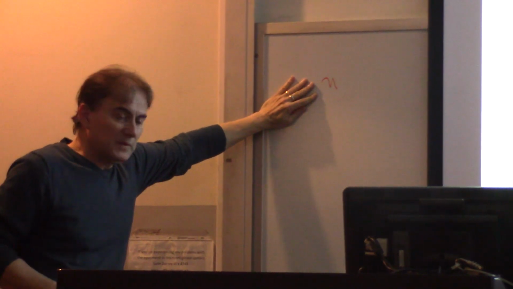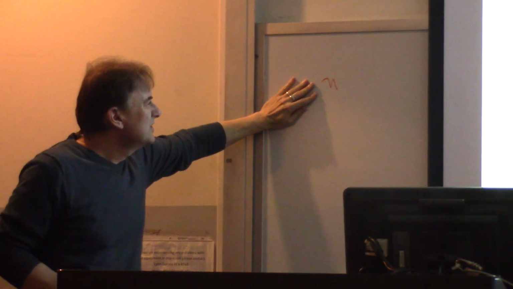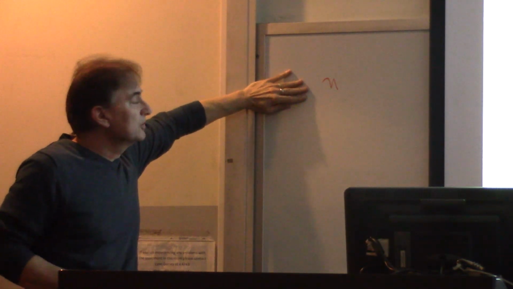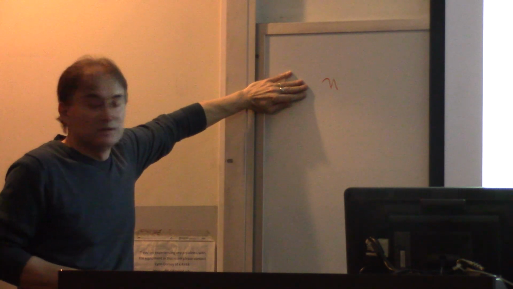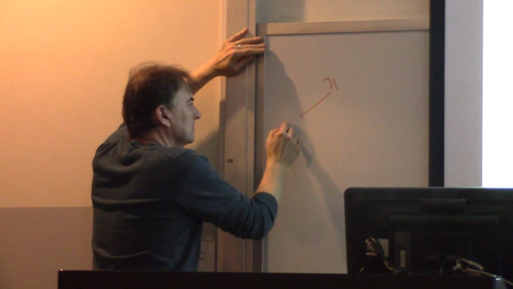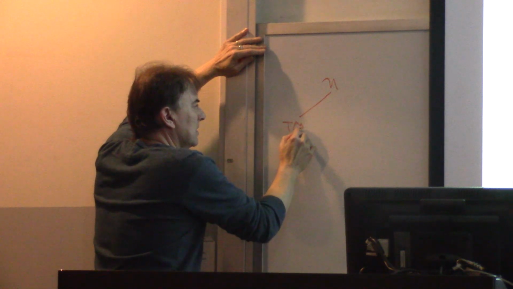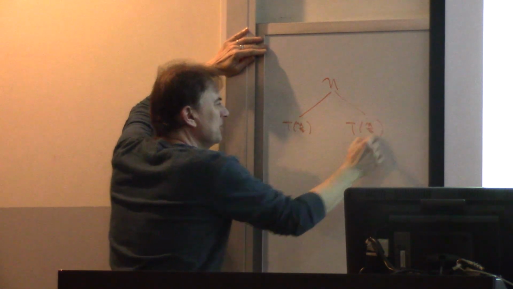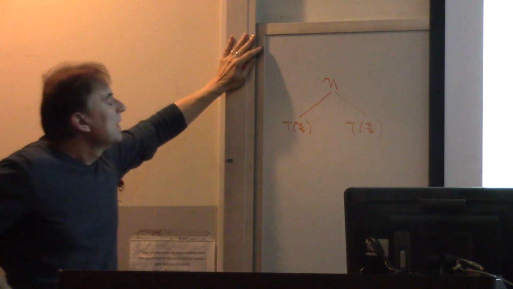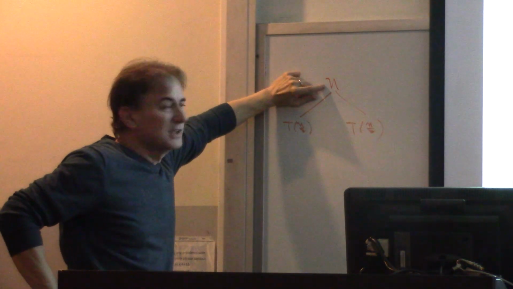And what we're going to do is level 0 of the recursion is going to recursively send half and recursively send the other half. Does that look familiar? Now what does this n represent at level 0?